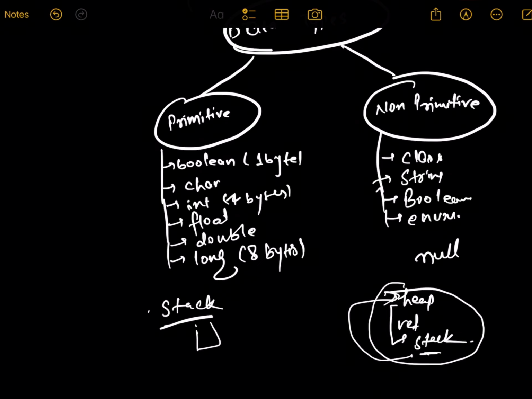For primitives, compare by value will work. If you have int a equal to 10 and int b equal to 10, then a equal to b will result true because it will directly check from stack. But in the non-primitive case, the comparison is a little tougher.